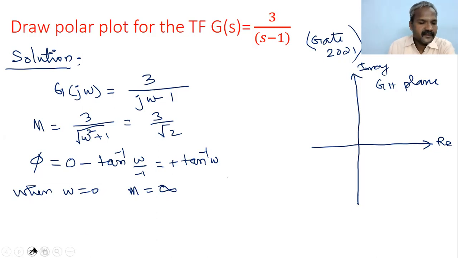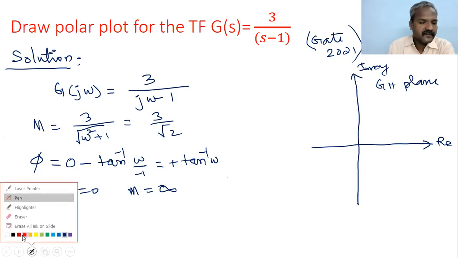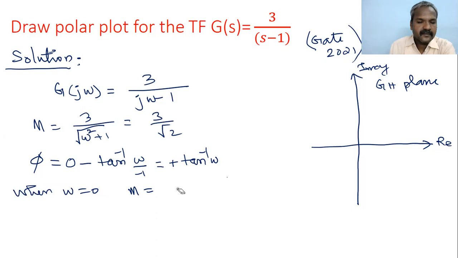When omega is 0, the magnitude is 3, because this is 0. So 3 by 1, 3.